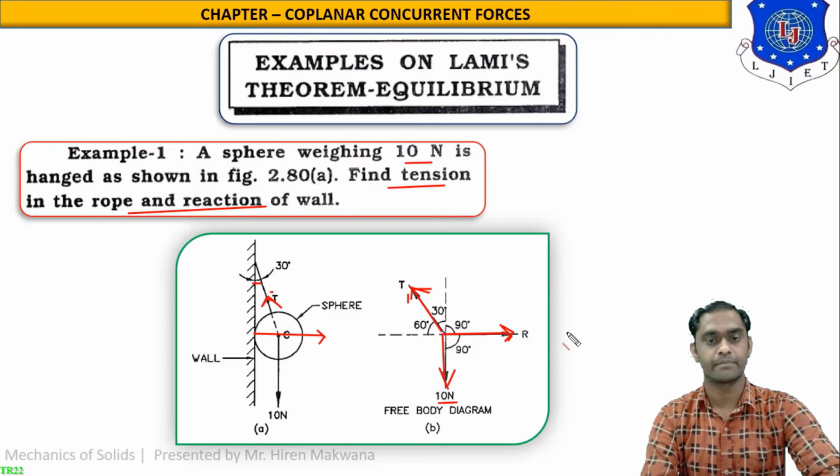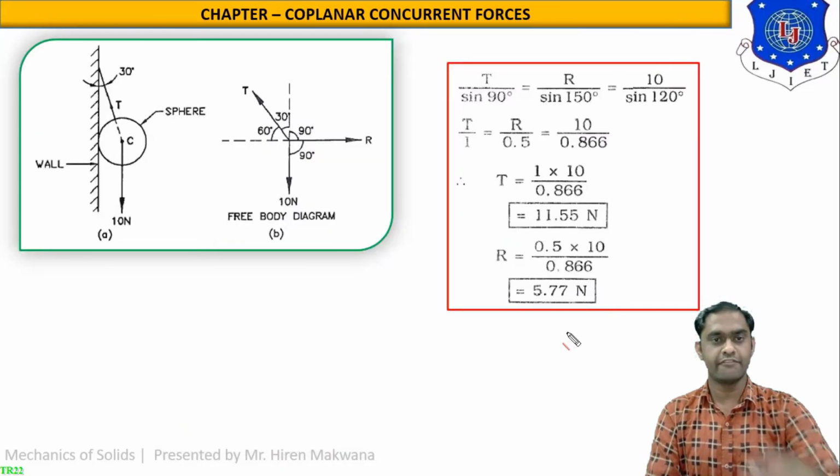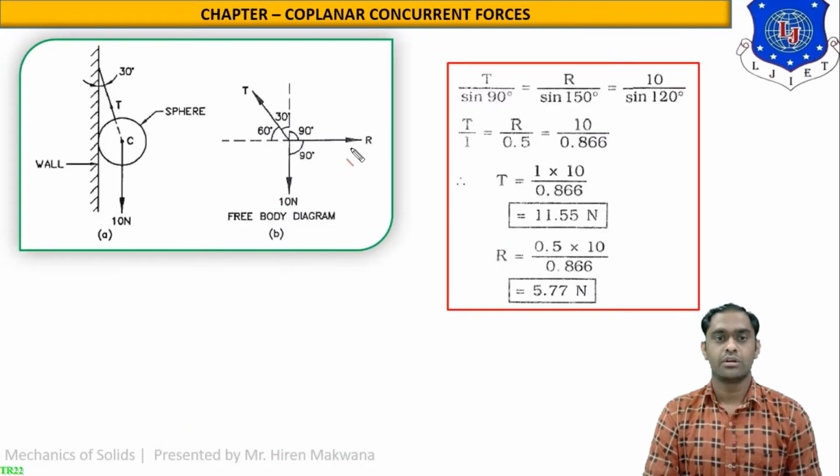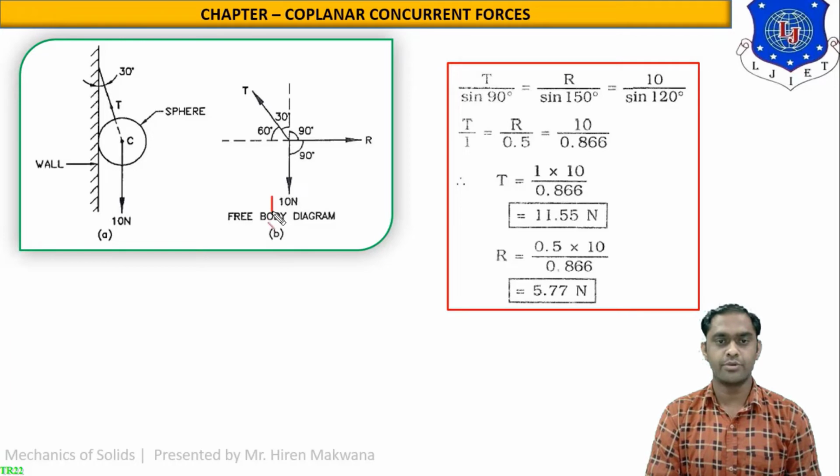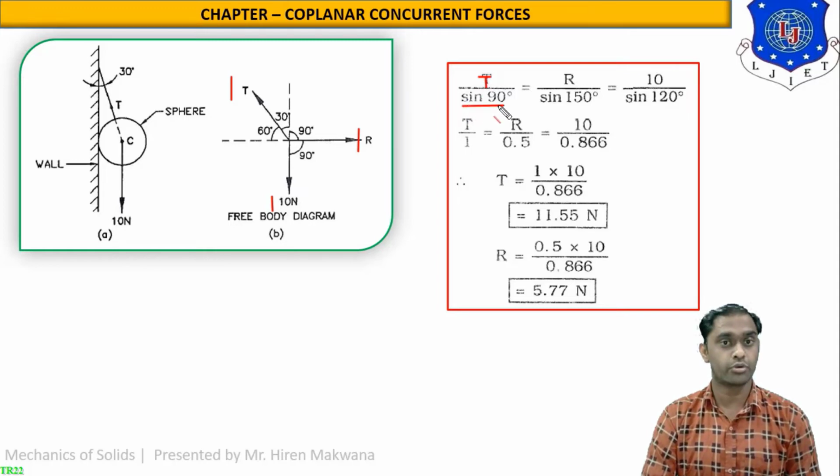Let us see how. See the same figure over here. Now for these three forces, 10 Newton, reaction R and tension T, just apply LAMI'S theorem. Now what is LAMI'S theorem? If you take force T over here, then in the division, the angle should be opposite of force T.